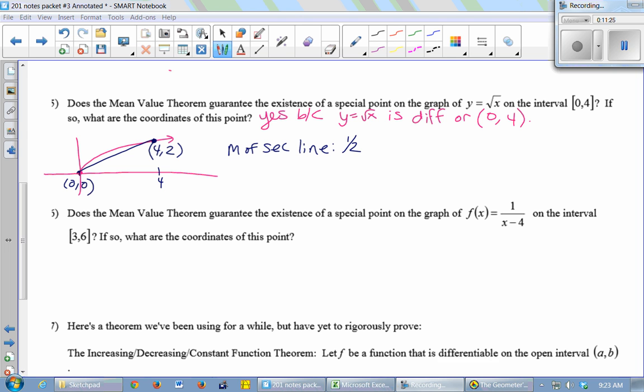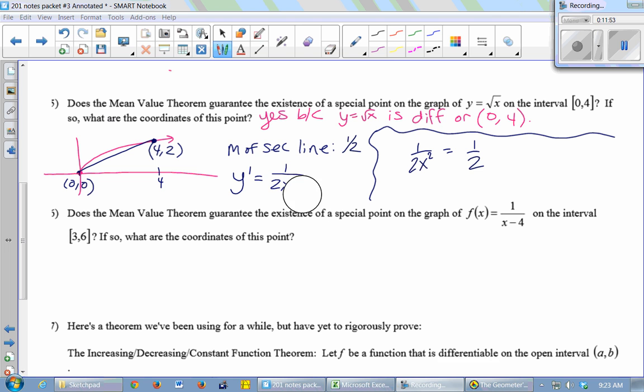And then your derivative, y prime, is 1 over 2 square root of x. So the mean value theorem guarantees the existence of some c so that the derivative is equal to 1/2.